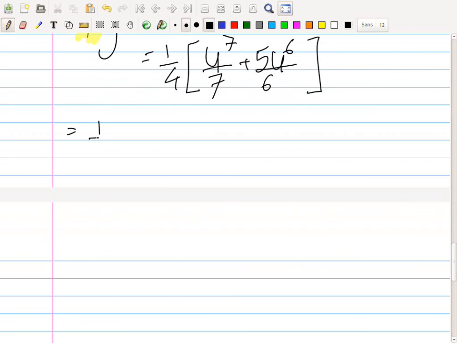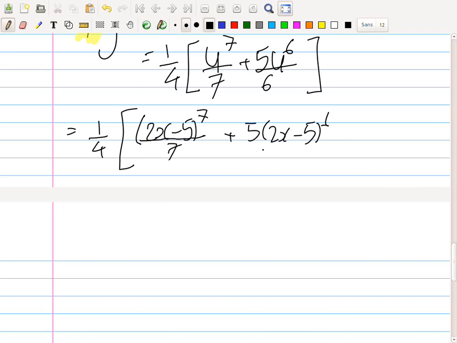But I should substitute back in what the u is. So who can tell me what the u is? 2x minus 5. So it's (2x minus 5) to the power 7 over 7 plus 5 times (2x minus 5) to the power 6 over 6. And what are the two limits? 2 and 3.